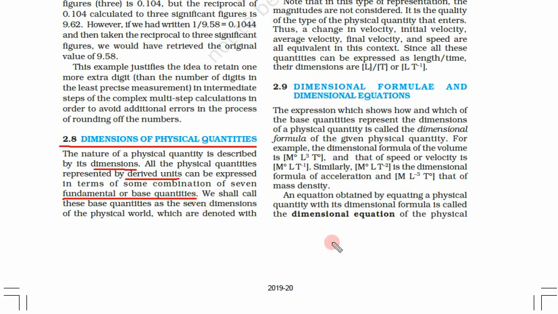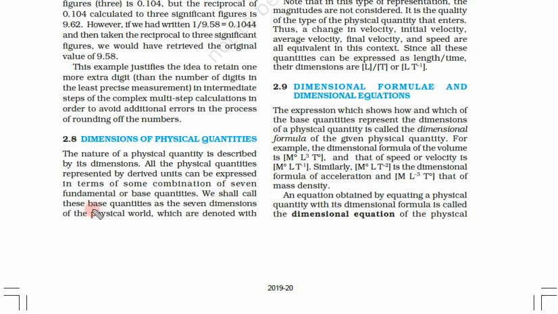Previously we learned about units, meter, kilogram, etc. Instead of putting units, sometimes we put a general case, and that general case is a dimension. So what is a dimension? Let us learn about this.